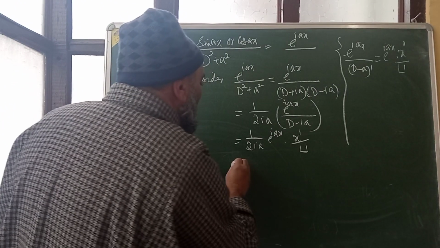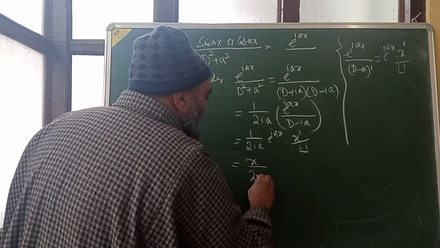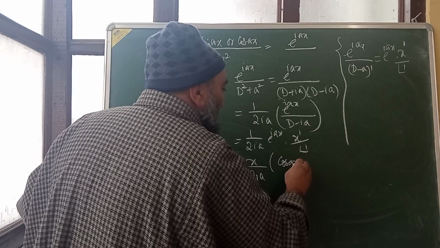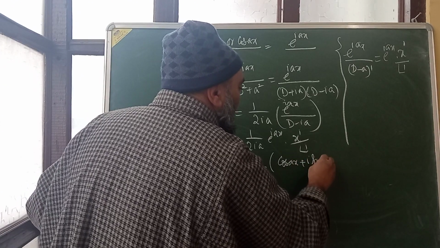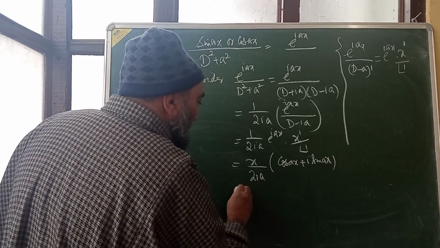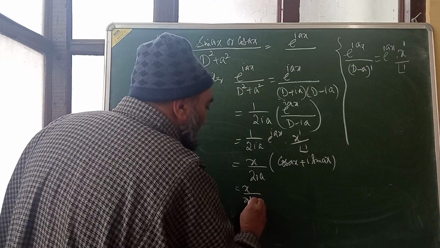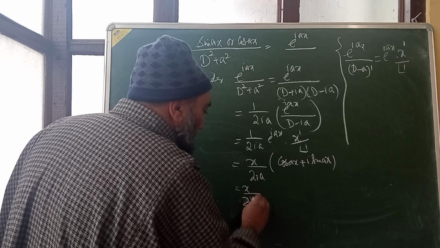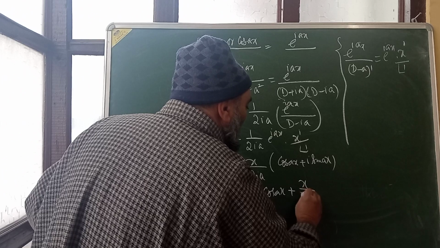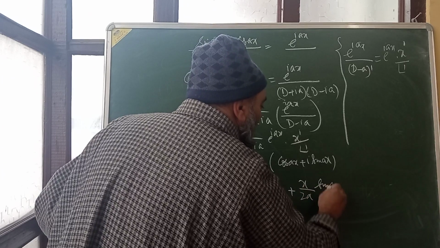Now, this is x upon 2 iota a e to the power iax. It is cos ax plus iota sine ax. This is equal to x upon 2 iota a cos ax plus x upon 2a sine ax.